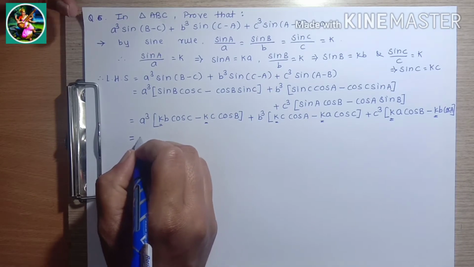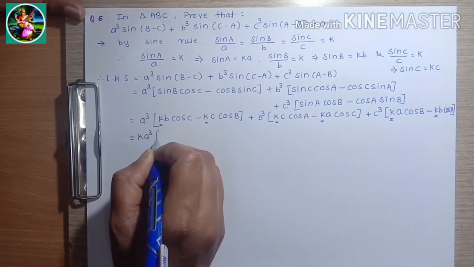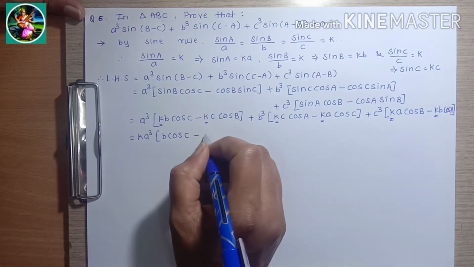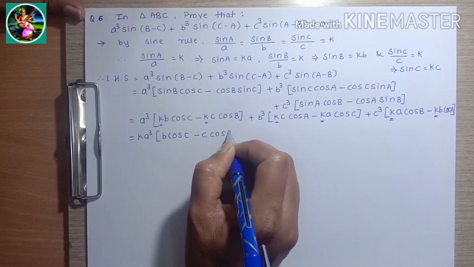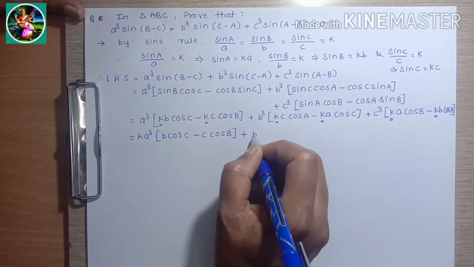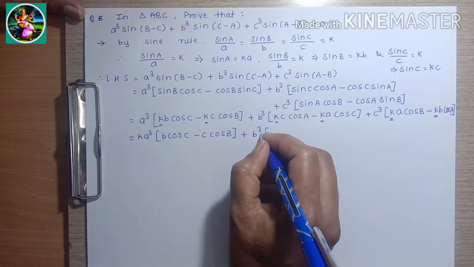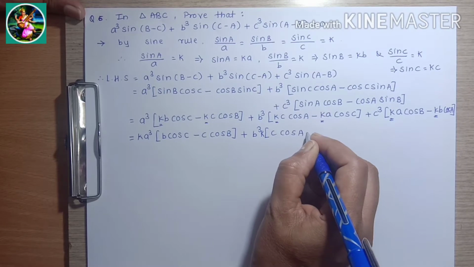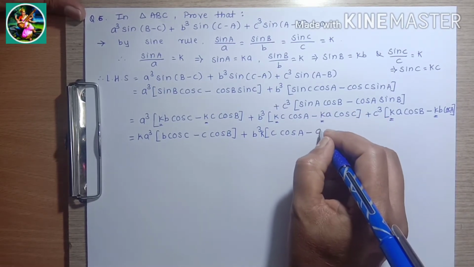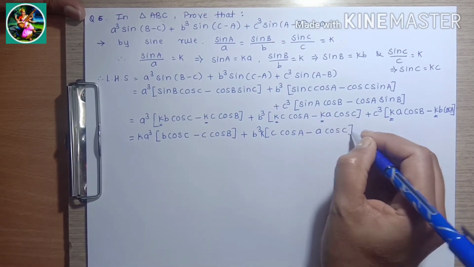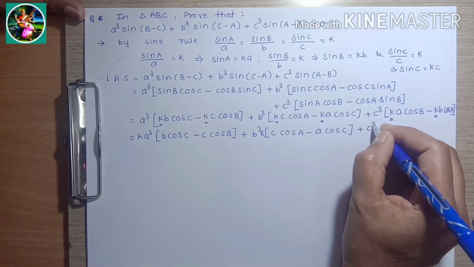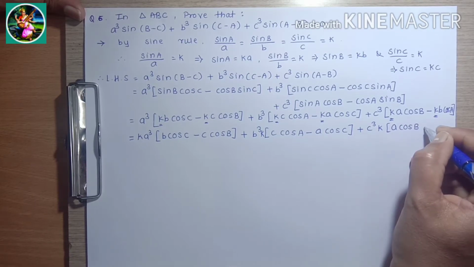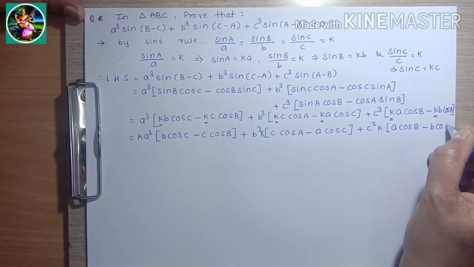Here we write k a cube into bracket b cos c minus c cos b, plus b cube into k into bracket c cos a minus a cos c, plus c cube into k into bracket a cos b minus b cos a.